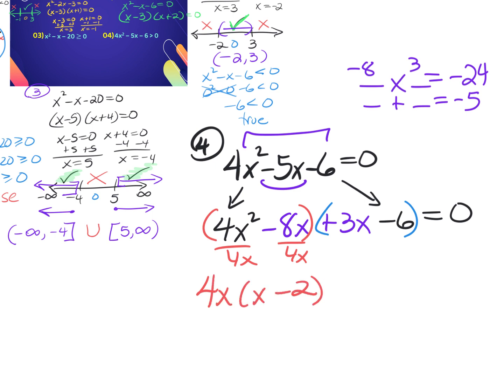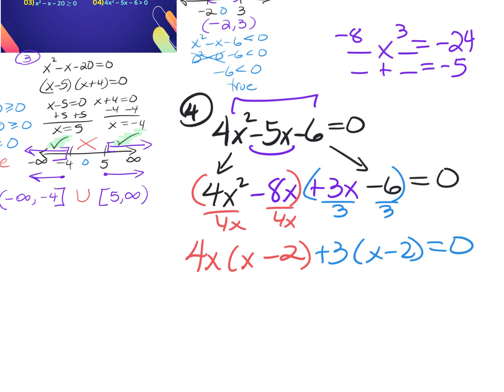My greatest common factor of my blue group is going to be 3. And now put the two GCFs together. 4x plus 3, x minus 2.